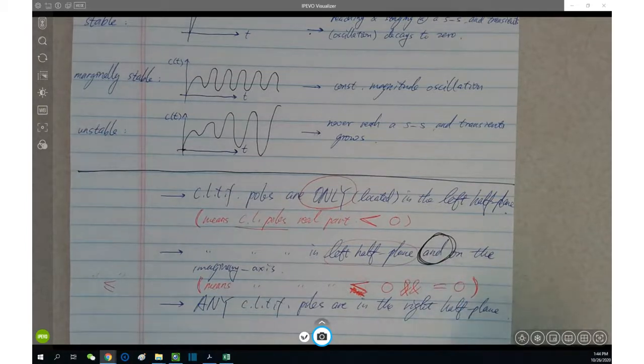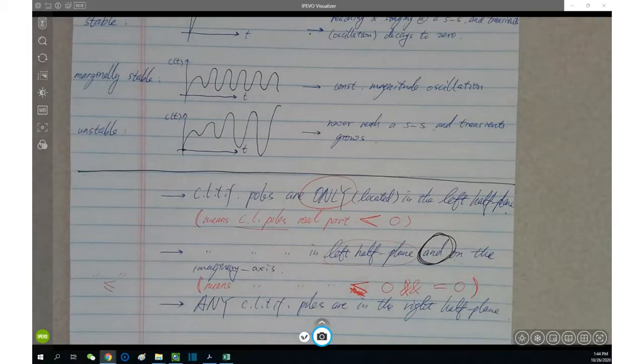Does it make sense what I'm talking about here? To be marginally stable, you must have something along the imaginary axis. You must have something there. If without anything along the imaginary axis, that is what? Stable. So it's not either or, but and.